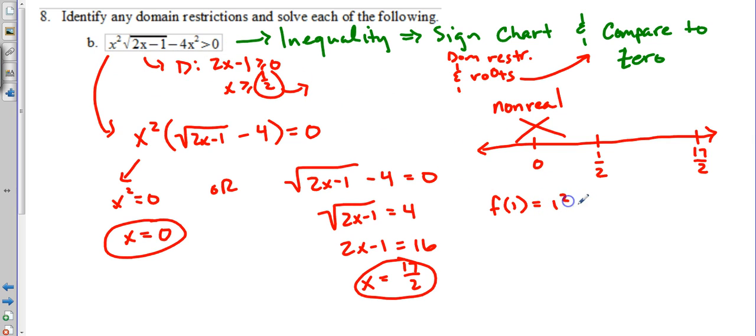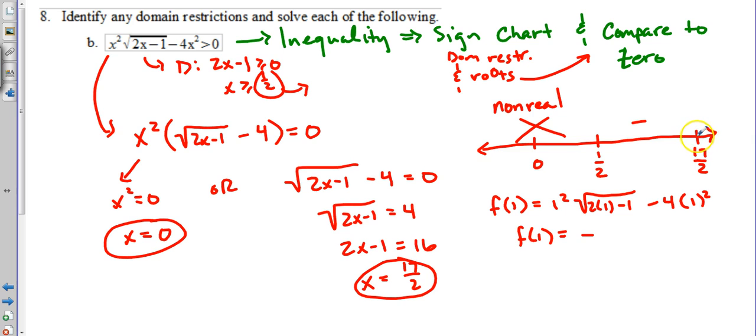We get 1 squared times the square root of 2 times 1 minus 1, minus 4 times 1 squared. All we're interested in is the sign here. So f of 1 is 1 times the square root of 1, which is positive 1, minus 4, which ends up being negative. So my values in this interval are negative.